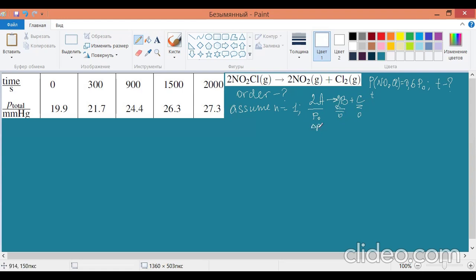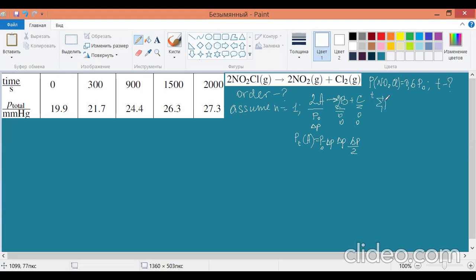Delta P is the drop in the partial pressure of the reagent A, and finally the partial pressure of the reagent A is equal to P0 minus delta P. Then delta P is the partial pressure of product B, and delta P divided by 2 is the partial pressure of the product C.